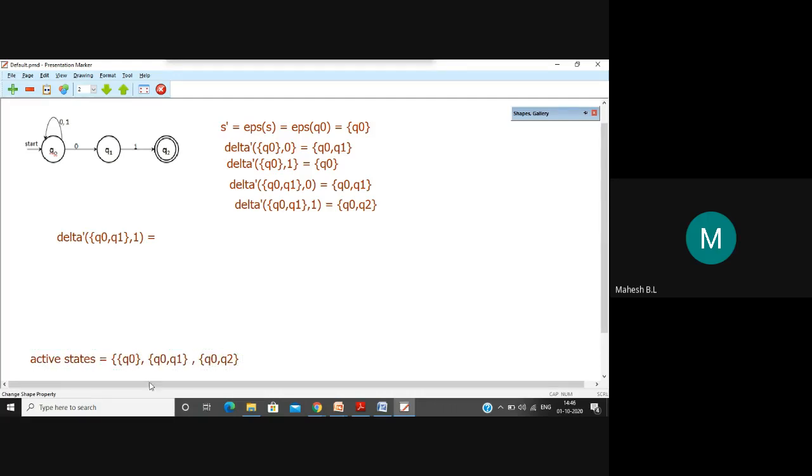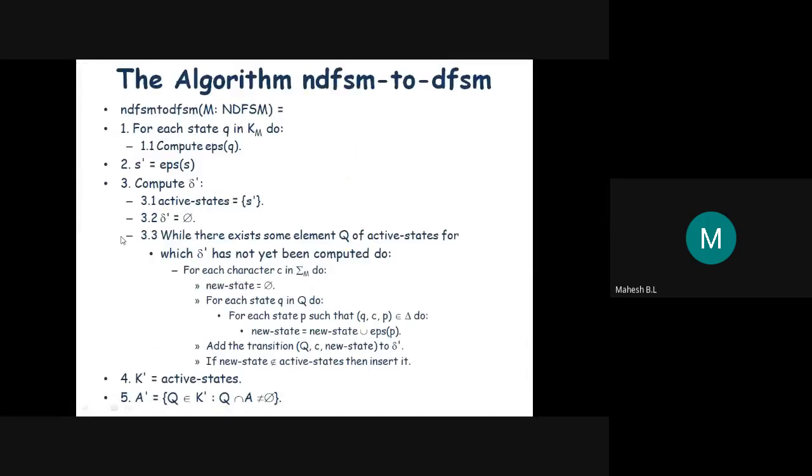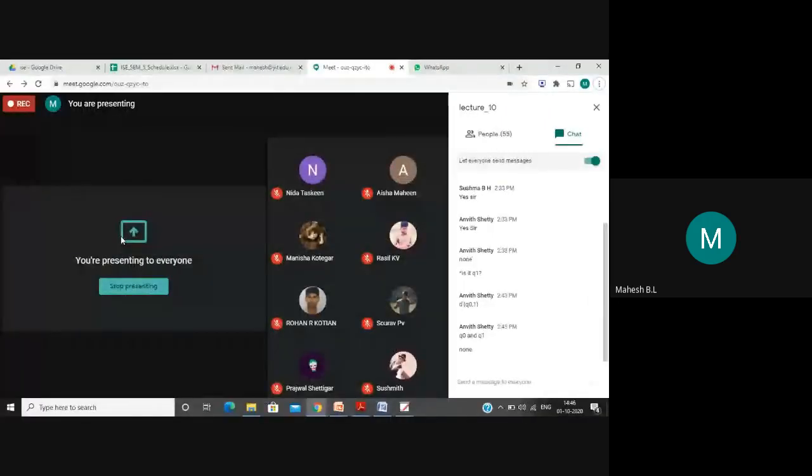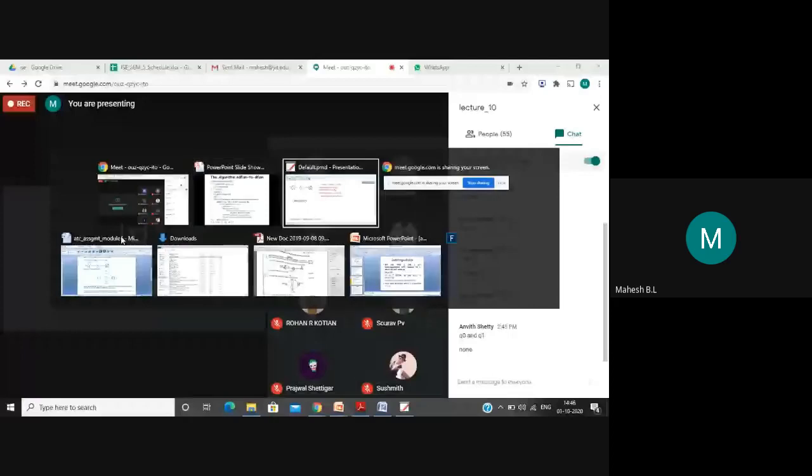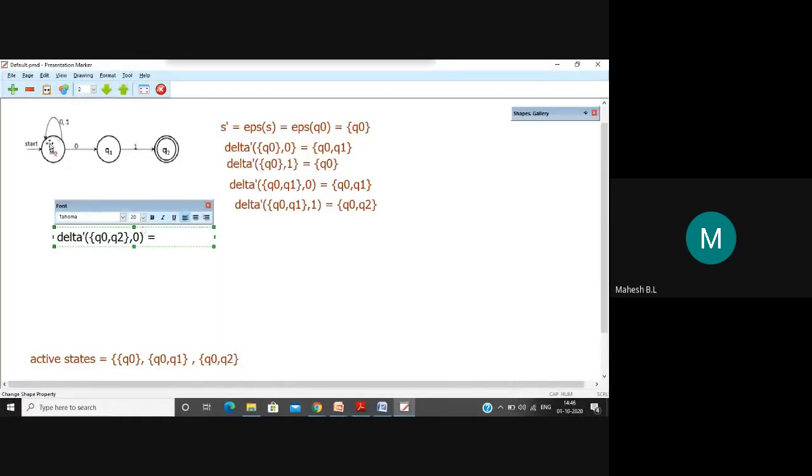Now for the first two elements we have computed delta dash. Next for Q naught Q2 we need to compute delta dash. Q naught Q2 on 0. What is it? Q naught on 0 is Q naught Q1. Q2 on 0 is not defined.